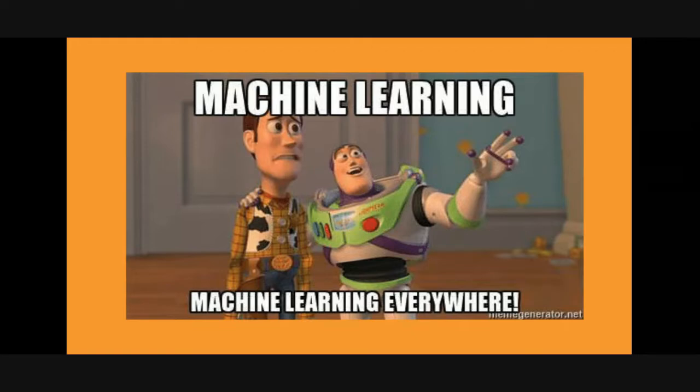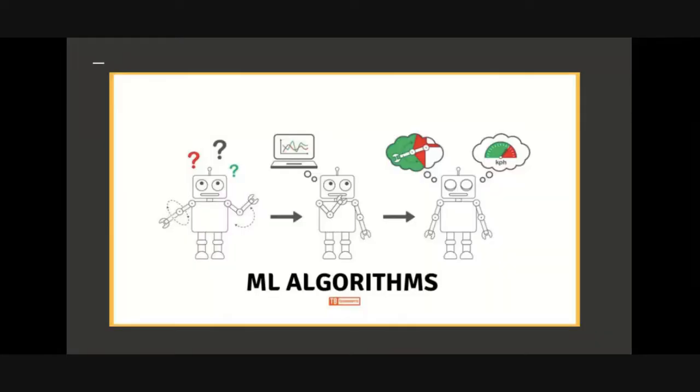To do the application of machine learning, we need something called ML algorithms. ML algorithms are those logics which understand what you want to do, take the input, and then give the output. So let's today talk about some simple basic models.